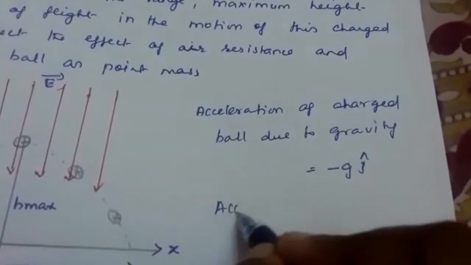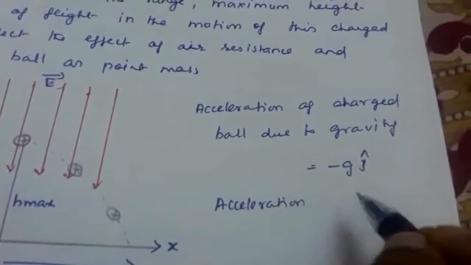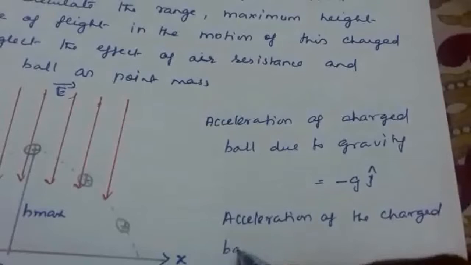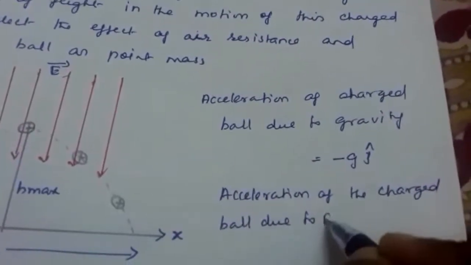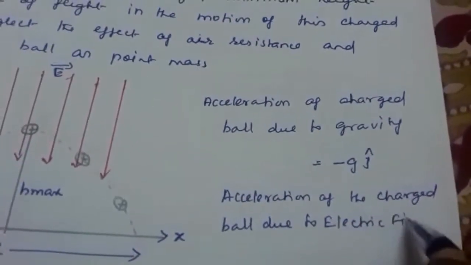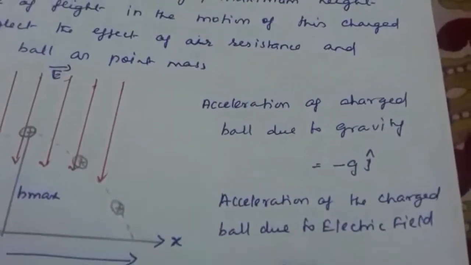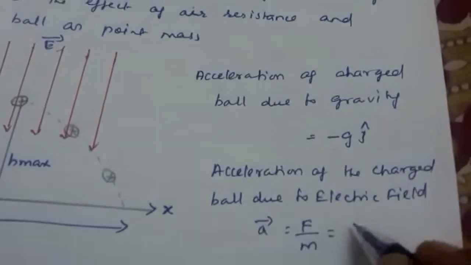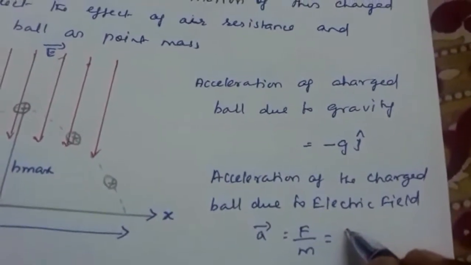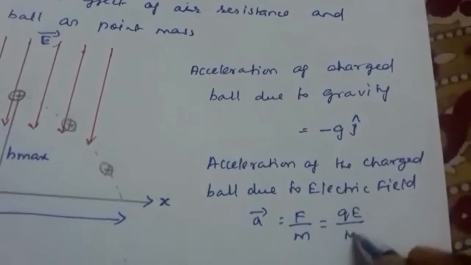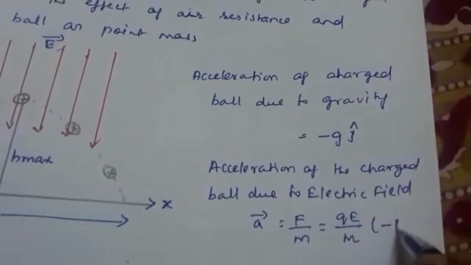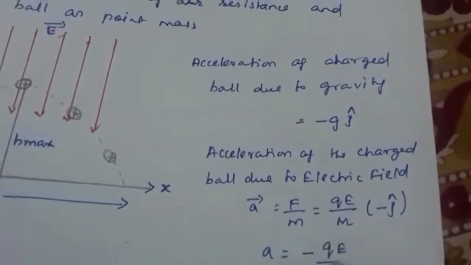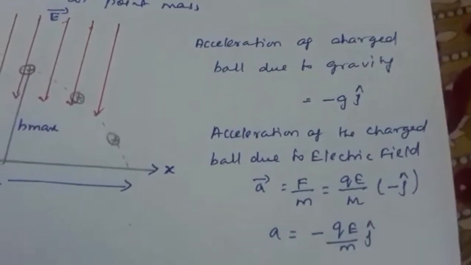Then the acceleration of the charged ball due to electric field. Acceleration is equal to force by mass. Force is equal to charge into electric field. The direction is again downward. So your acceleration is equal to minus qE by m into j vector.